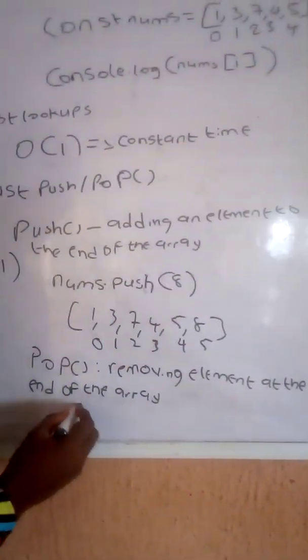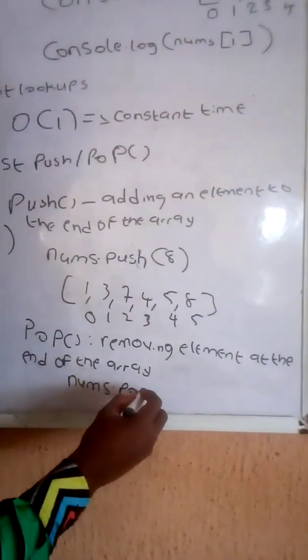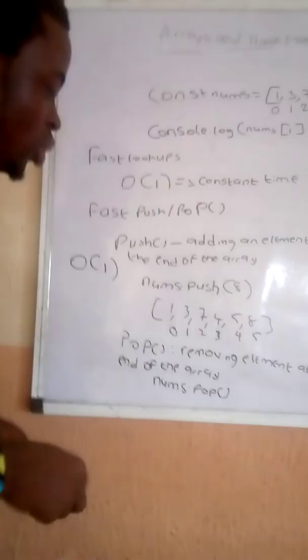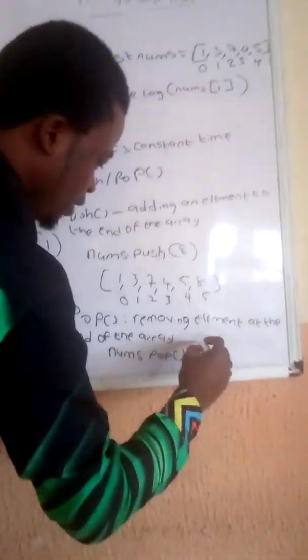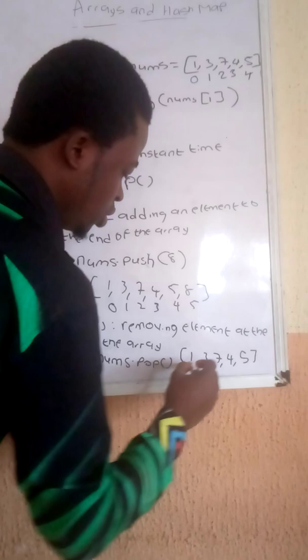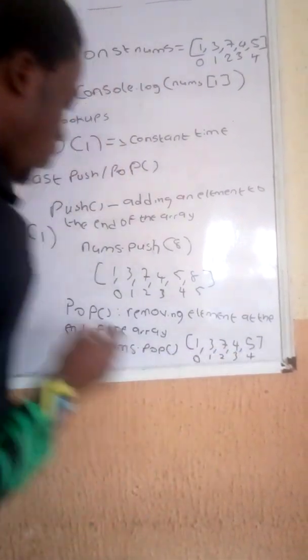So if we pop it, nums.pop, we are basically removing this last element from this array. So the resulting array we are going to be getting will be 1, 3, 7, 4, and 5, which also have an index of 0, 1, 2, 3, and 4.